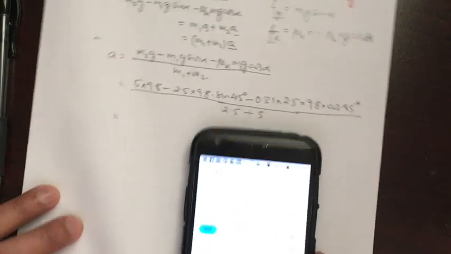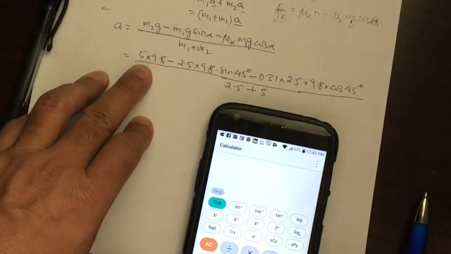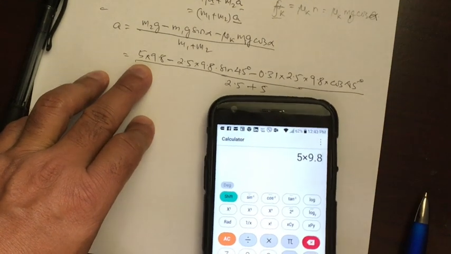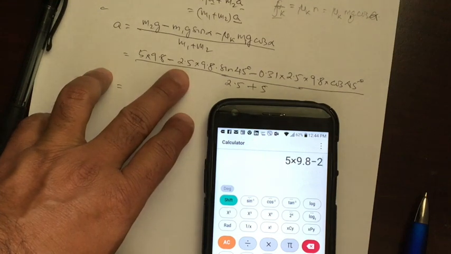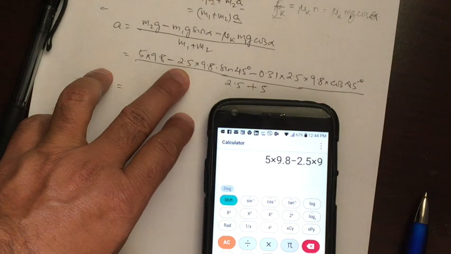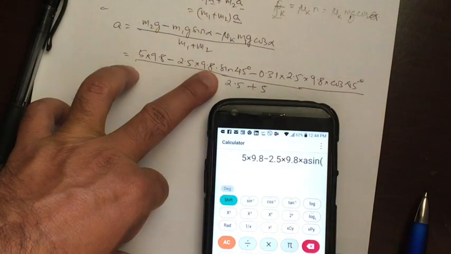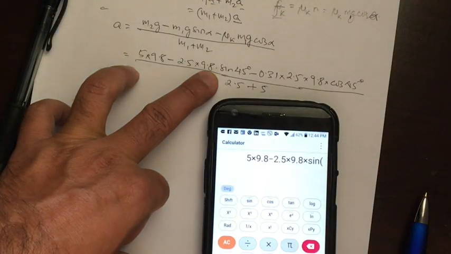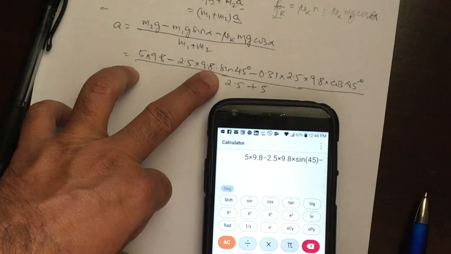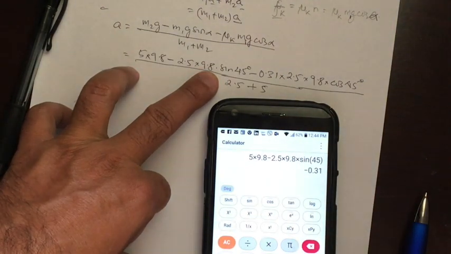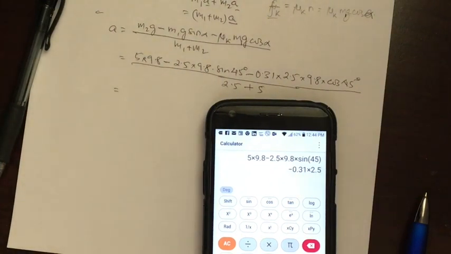So all you do is simplify these. 5 times 9.8, minus 2.5 times 9.8 times sine of 45, bracket close, minus 0.31 times 2.5 times 9.8 times cosine of 45, bracket close.